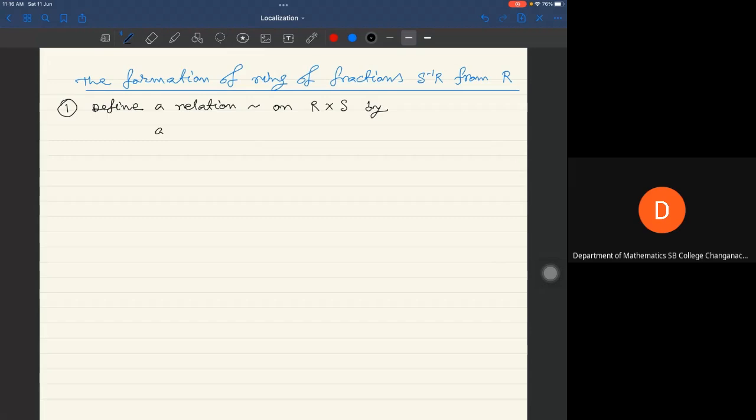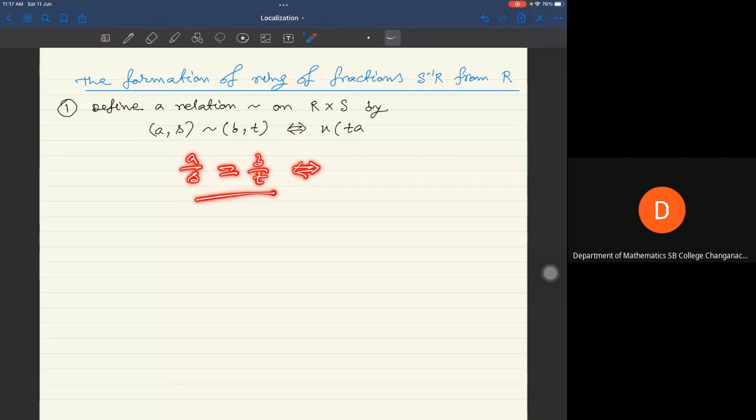We define this relation on this set: if we have two ordered pairs, then they are related if and only if, you just think in this way, A by S is the same as B by T. So you may think that we have equality here if and only if T times A is the same as S times B. But if you define it in this way for arbitrary rings and for arbitrary multiplicatively closed subsets, then this relation is not an equivalence relation.